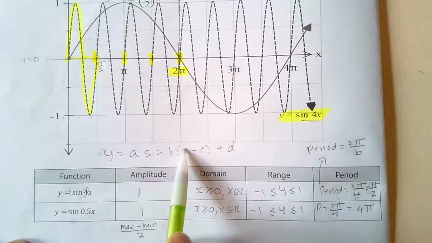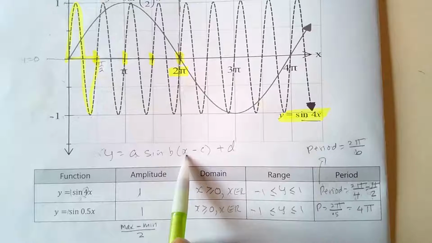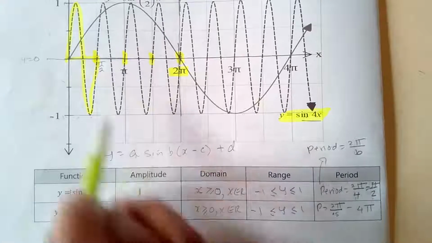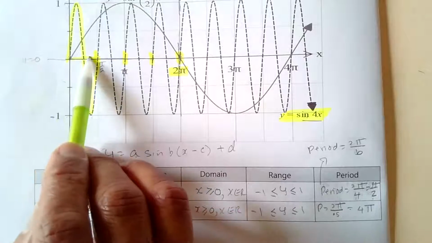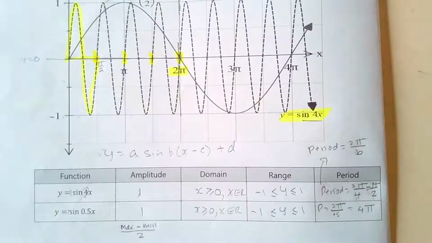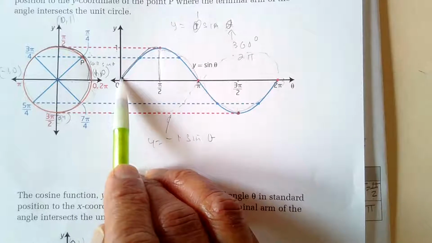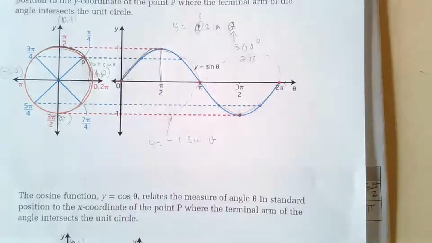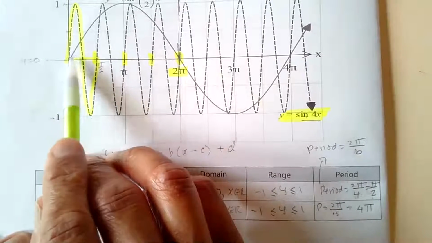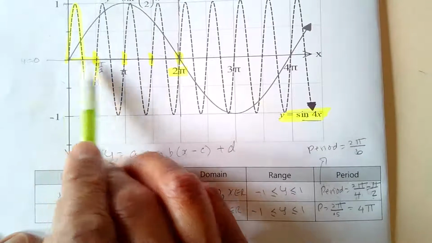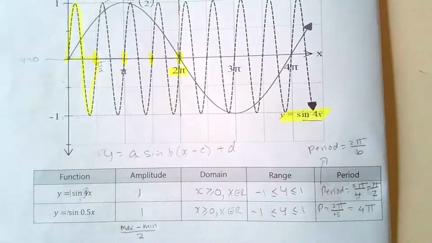So x, or theta, or b theta, represents 360 degrees or 2 pi. The c would be a horizontal shift. Right now, our standard graph for a sine begins at the origin. If this graph were to shift and not begin here but somewhere else, we say that's the horizontal shift.